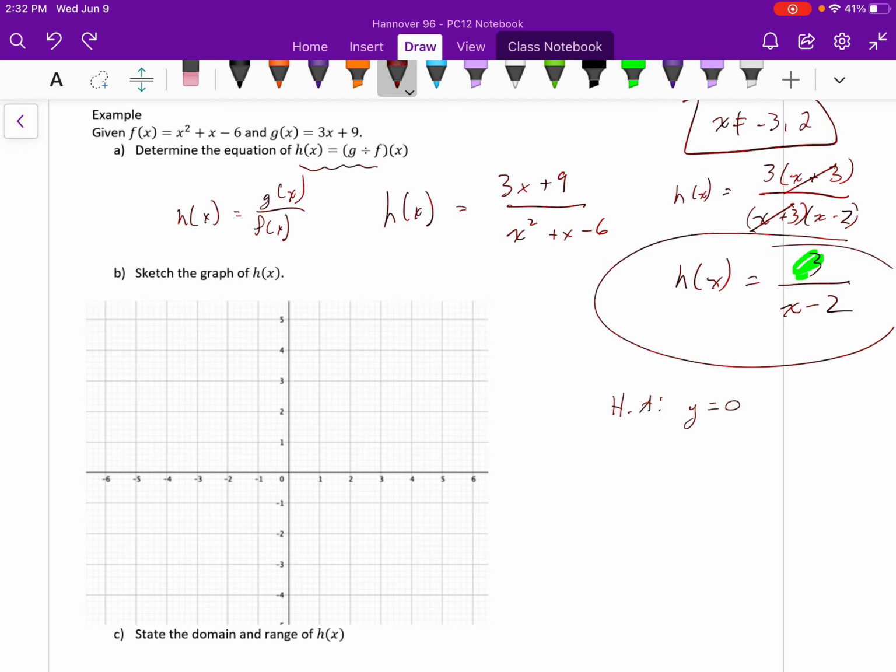We have a vertical asymptote whenever our denominator is equal to 0. Now always keep in mind we have non-permissible values. So I have a vertical asymptote at x is equal to 2.